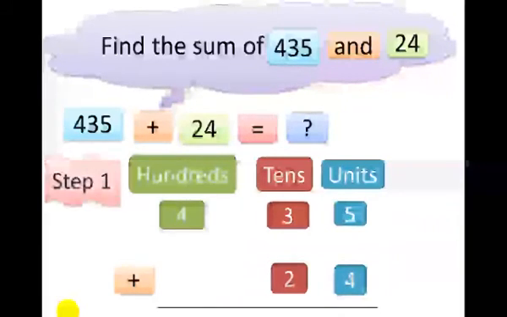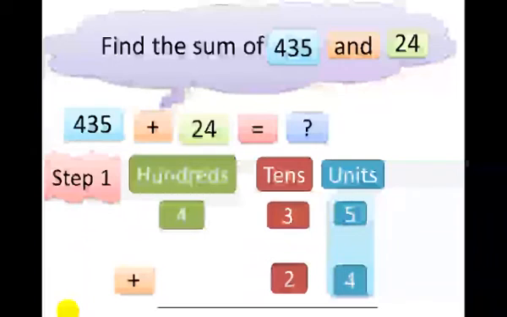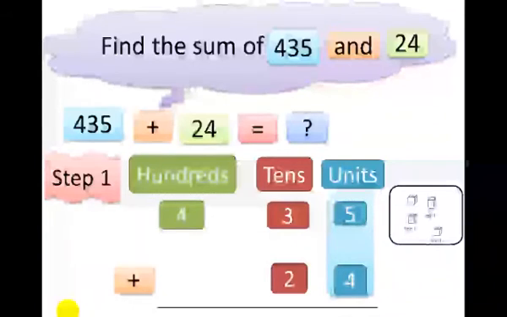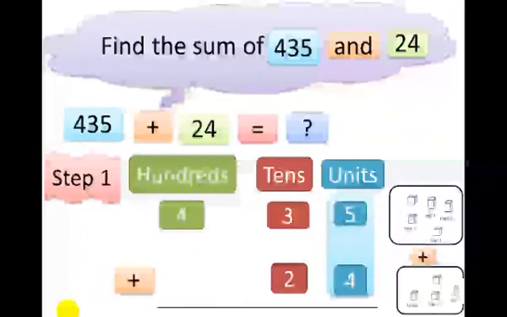First, we add the units. 5 units plus 4 units. 1, 2, 3, 4, 5, 6, 7, 8, 9. 5 units plus 4 units equals 9 units.